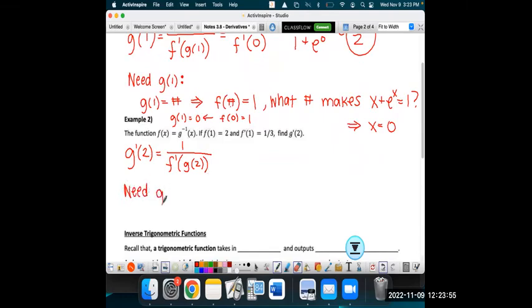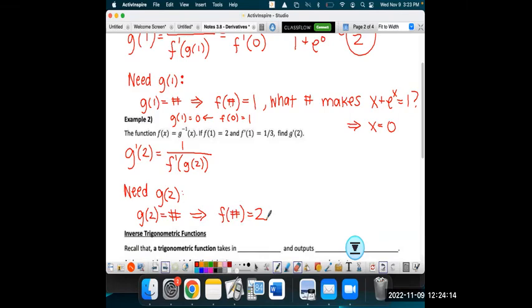So first and foremost, I need g of 2. So I know that g of 2 equals some number, then the opposite is true for its inverse function, f of some number equals 2.